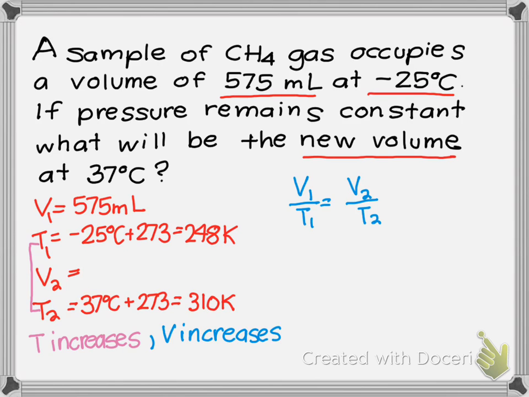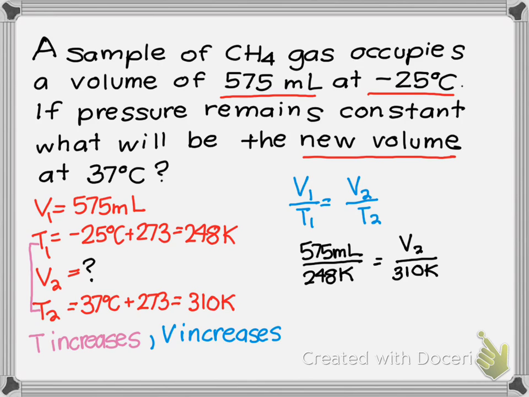Let's plug it into our problem. I have 575, and I like to keep the units. You do not have to, if that's confusing to you. I don't know my volume, that's my question mark, and my new temperature is 310 Kelvin.